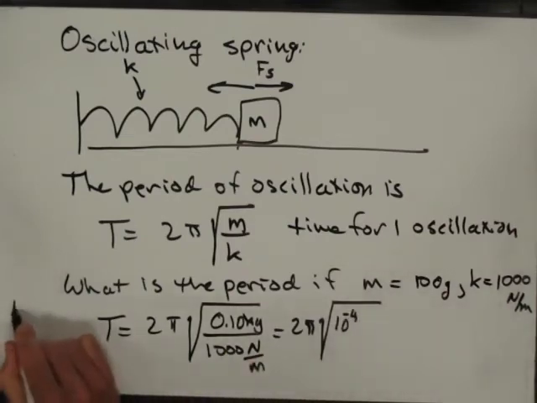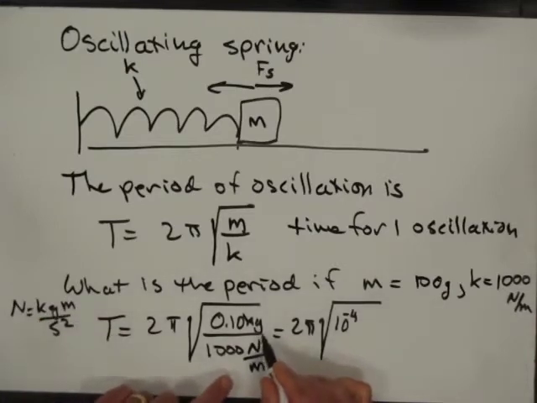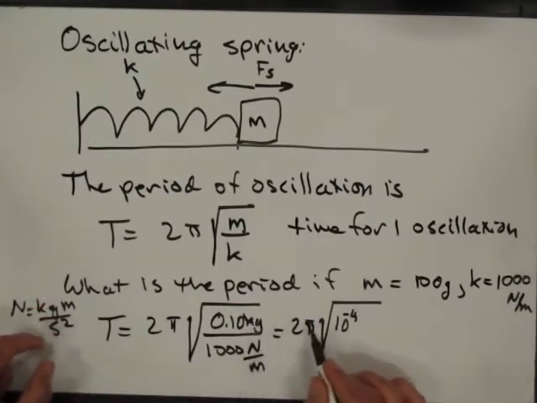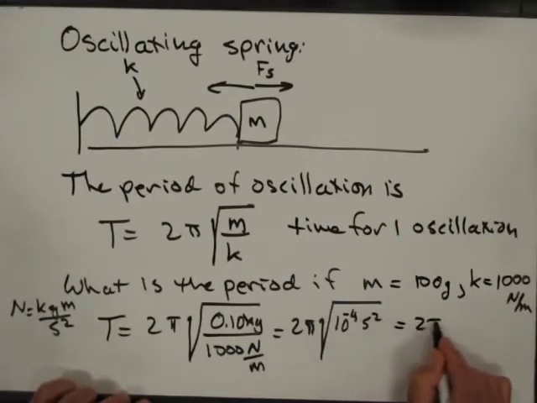If you remember, a newton is a kilogram meter per second squared. And so the meters and the meters cancel. That gives me a kilogram per second squared in the denominator. The kilograms cancel. I get a second squared in the numerator. And so this is 2 pi times 10 to the minus 2 seconds, right?